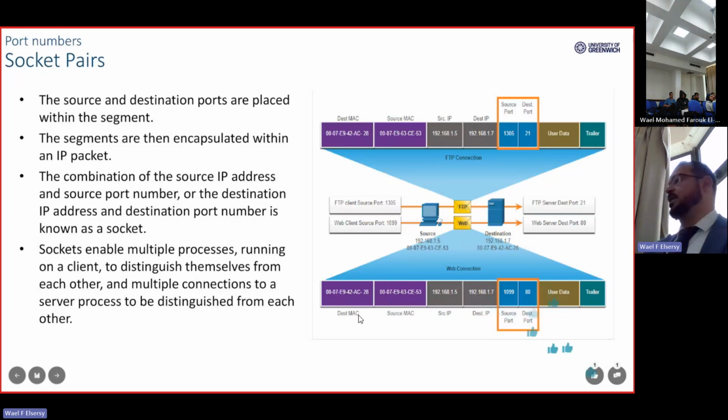I'm sending the source and destination address, the source IP address and the destination IP address. And of course, I have to put the port number, so I will also have a source port number and a destination port number. Can anybody say why I have a source port number?